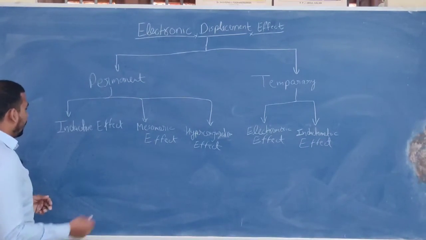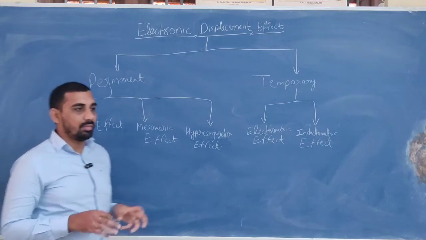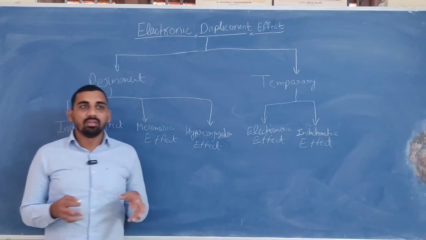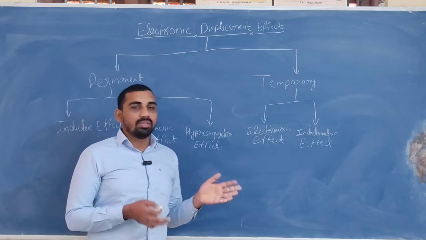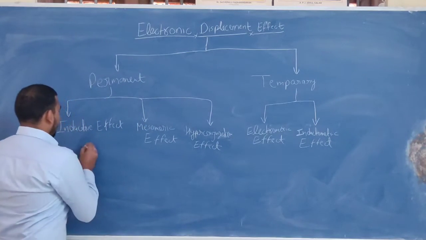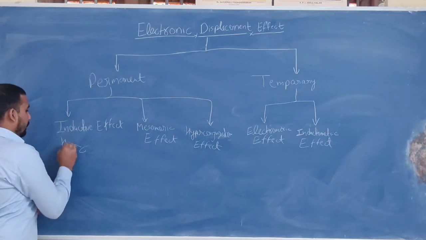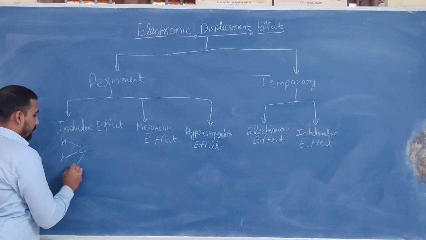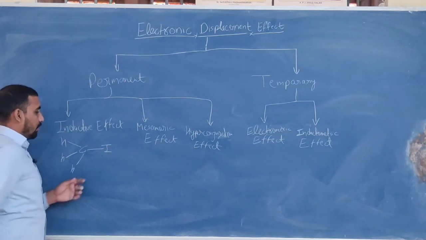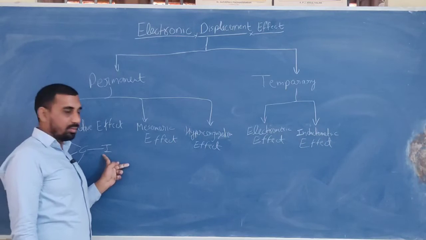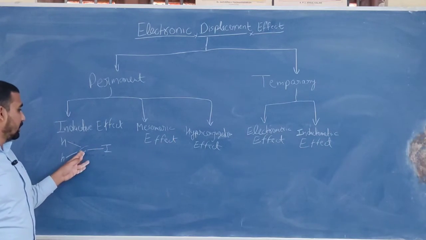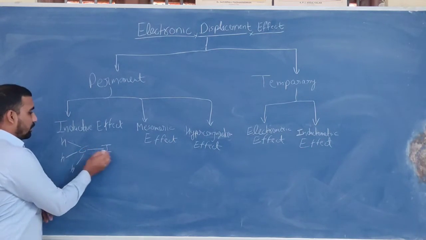What is inductive effect? This inductive effect is mainly seen in saturated compounds, where there are only sigma bonds present, like we have methyl iodide, let's say. Now iodine is an electronegative atom, we know, and this carbon is attached to it.